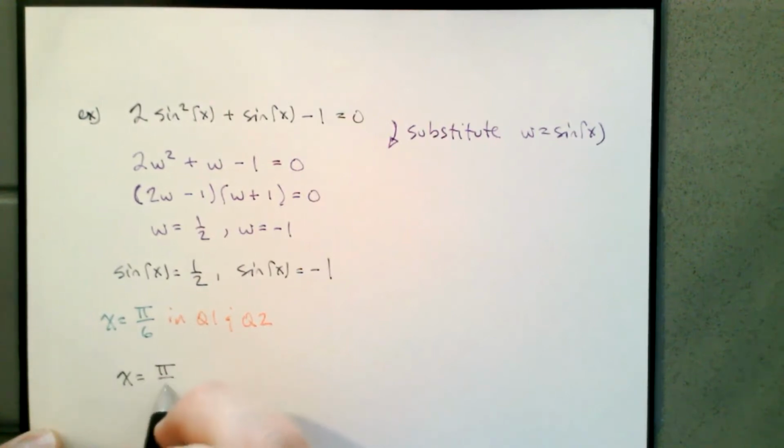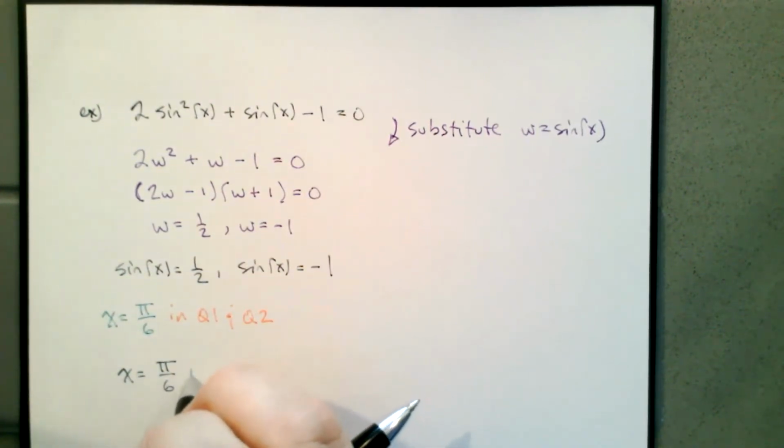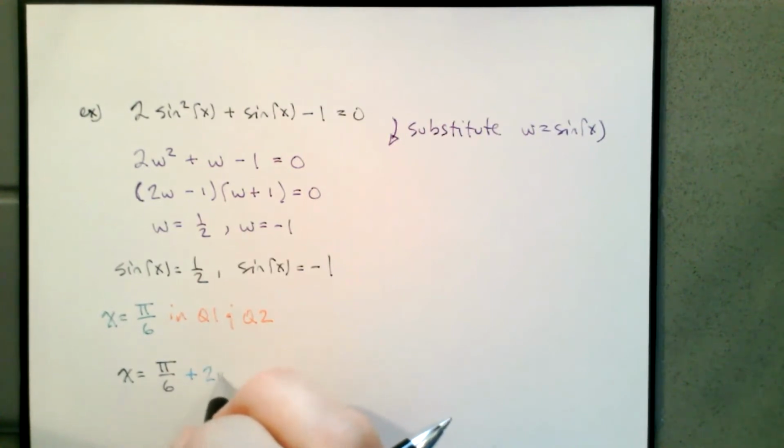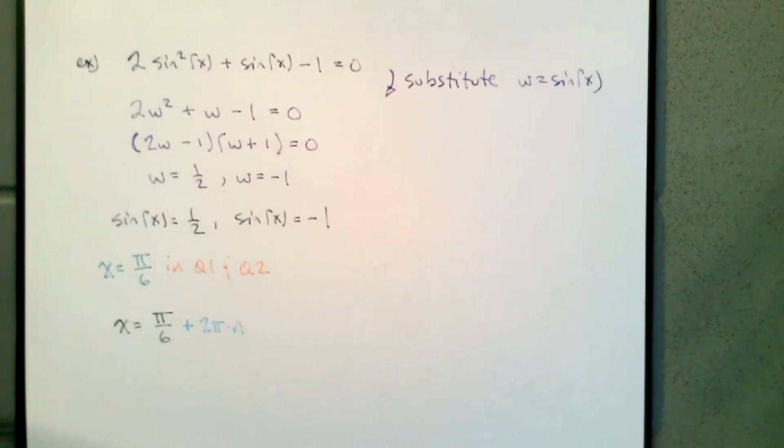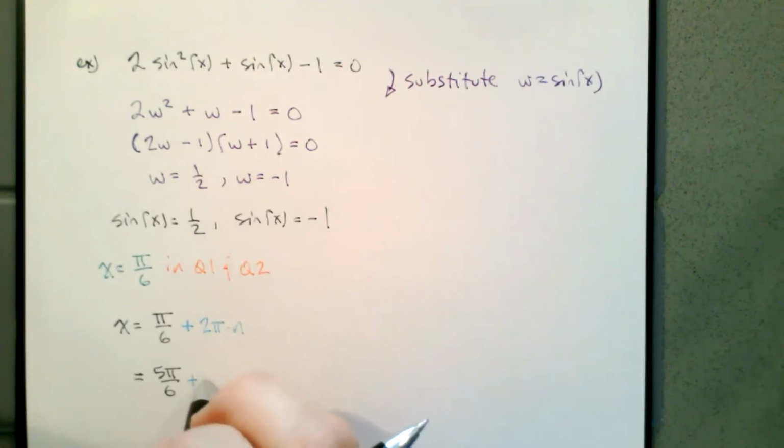And that's just pi over 6. And I'm going to make sure I get all the solutions. So plus the period times some integer. I'm going to have to put pi over 6 in quadrant 2, and that's 150 degrees, or 5 pi over 6. And I'm going to have to get everything coterminal with the 5 pi over 6.